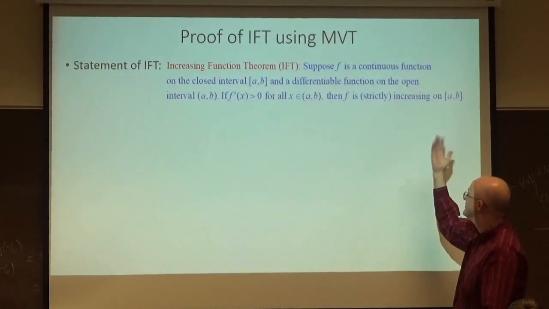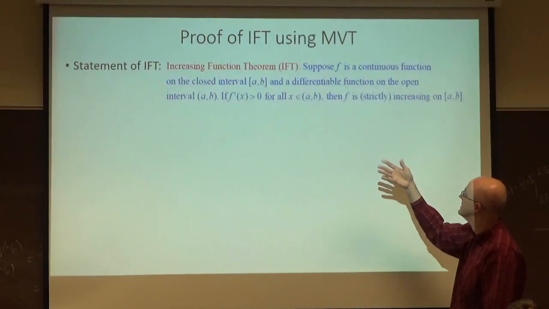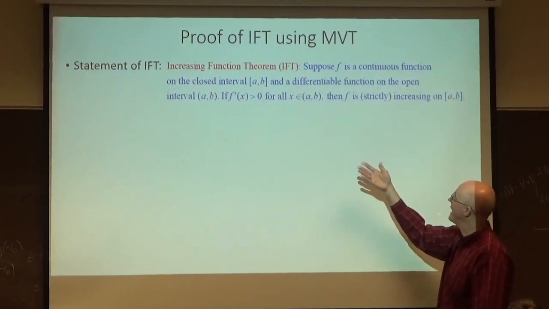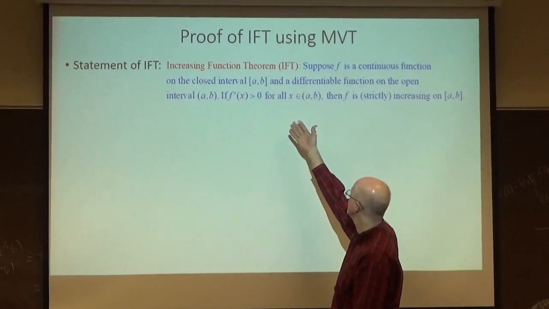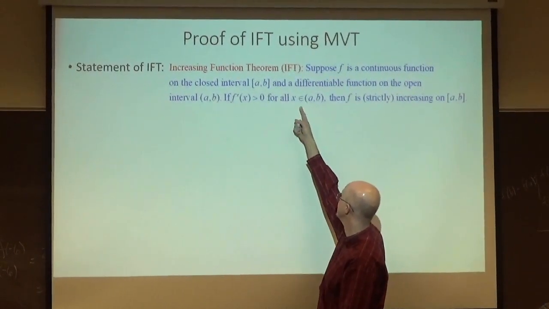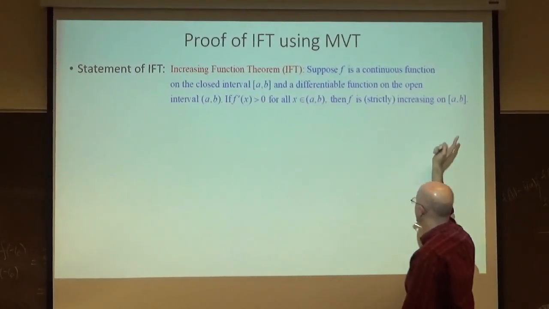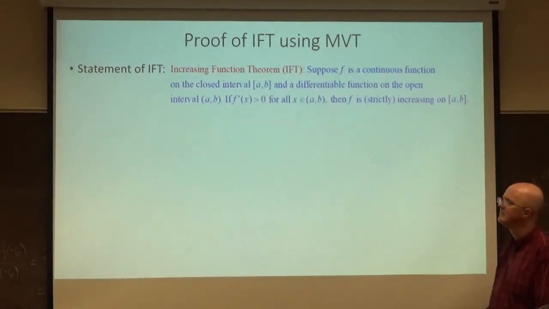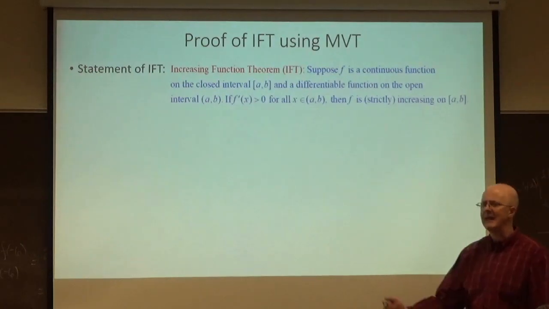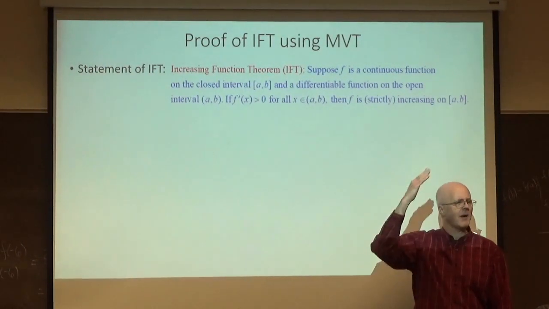Suppose f is a nice function: it's continuous on a closed interval and differentiable on the open interval. Then if f prime of x is always positive for all x in the interval from a to b, where in means is an element of, then f must be strictly increasing on the closed interval. If the tangent line always has a positive slope, the graph's got to be going up.